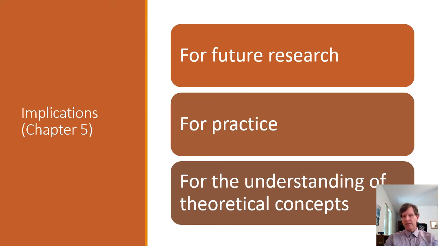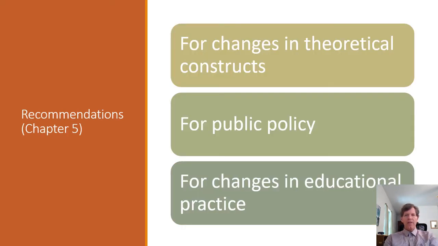Your dissertation should have some recommendations for future research, as well as some implications for future practice. And how does this clarify our understanding and relate to our understanding of theoretical concepts? Think about possible changes in our understanding of theory, possible changes for public policy, for administration, for leadership studies, and possible changes in practice. All of that should be addressed within your chapter 5.